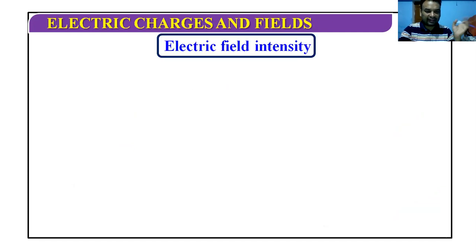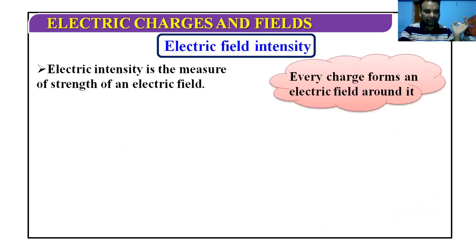Now, the second term is electric field intensity. Electric intensity is the measure of the strength of an electric field. Like we can find magnetic field intensity, we can find gravitational field intensity.